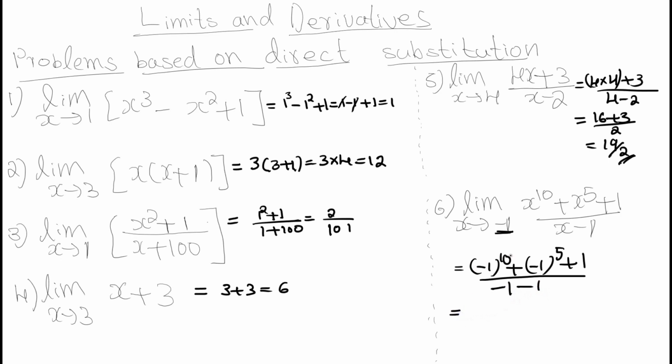See, minus 1 to the power of an even number, value will be plus 1, minus 1 to the power of an odd number, value will be minus 1. Then plus 1 will be remaining, divided by minus 1 minus 1, you get minus 2. Again plus 1 and minus 1 cancel. So the answer will be equal to minus 1 by 2.